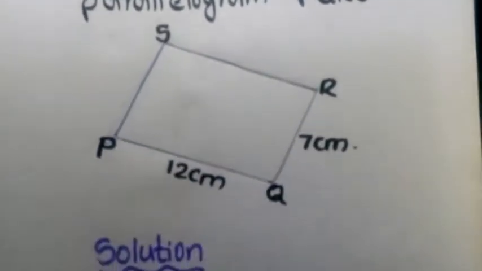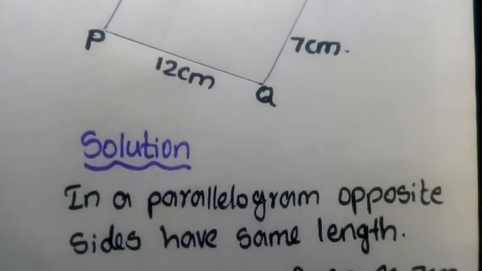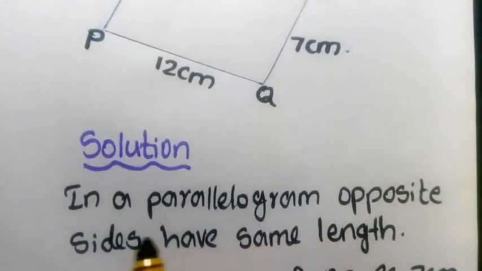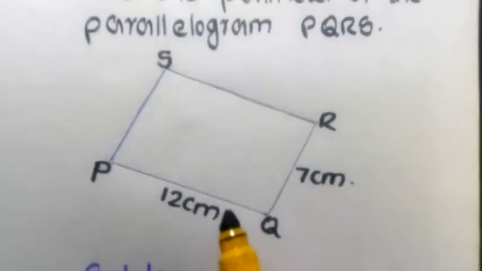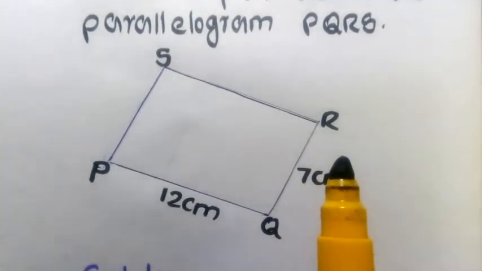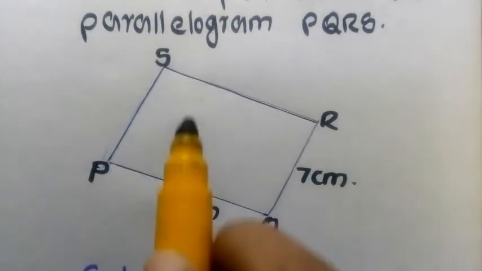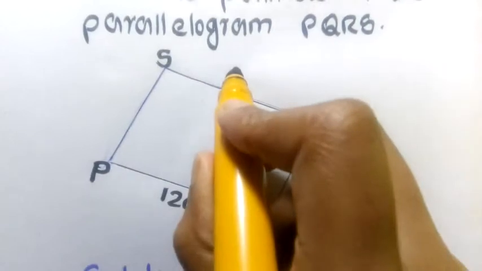Let us check the solution. Property 2 states that in a parallelogram, opposite sides have the same length. Here, PQ and SR are opposite sides. Given PQ is equal to 12 cm. Therefore, by property, SR is also equal to 12 cm.